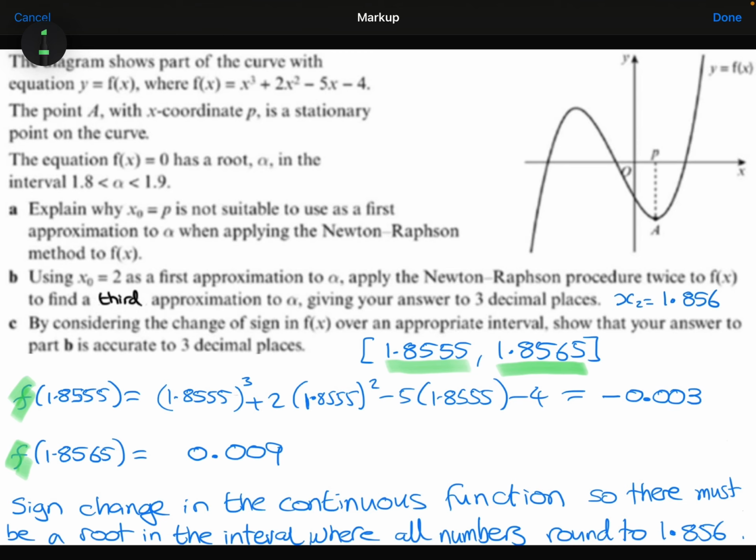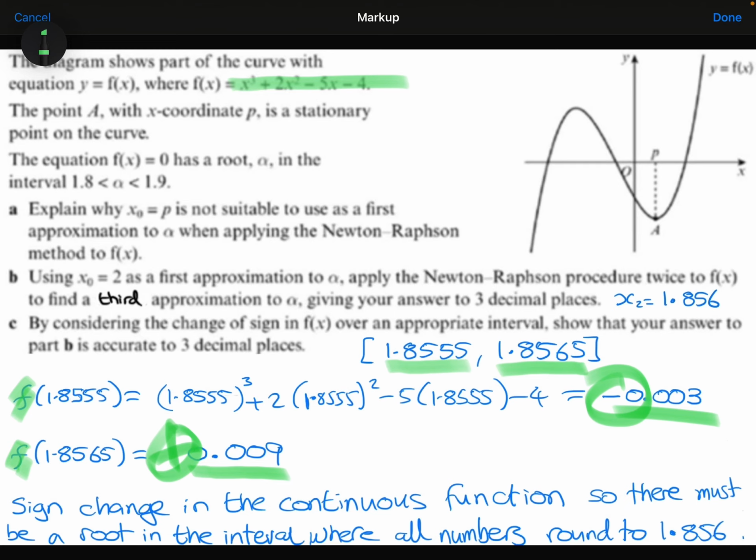Substituting my lower bound into the function gives me minus 0.003. Then substituting the upper bound into the function gives me positive 0.009. And I can see that one's negative, one is positive.